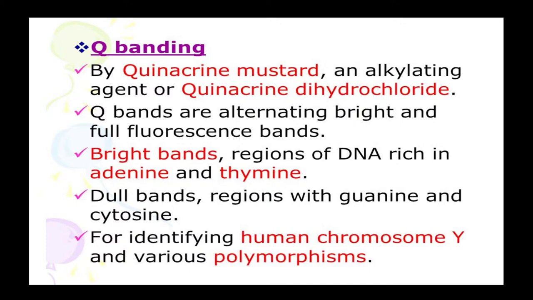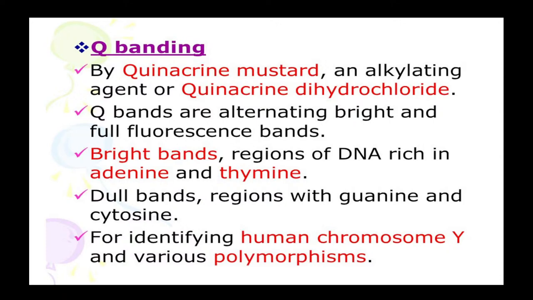By Q banding, we use an alkylating agent or quinacrine dihydrochloride. Q bands are alternating bright and dull fluorescent bands.